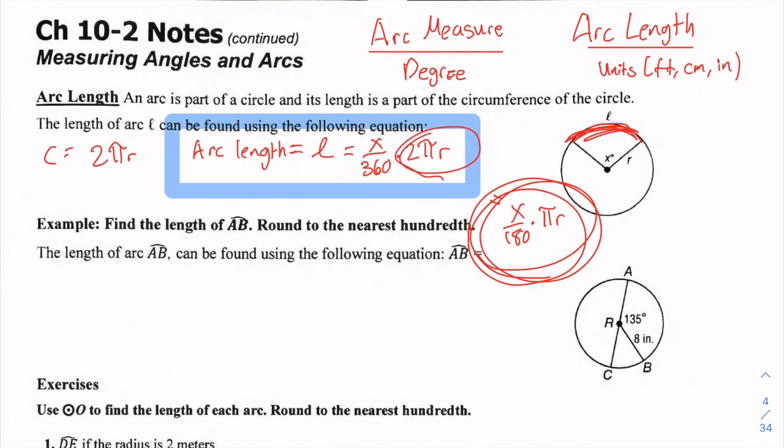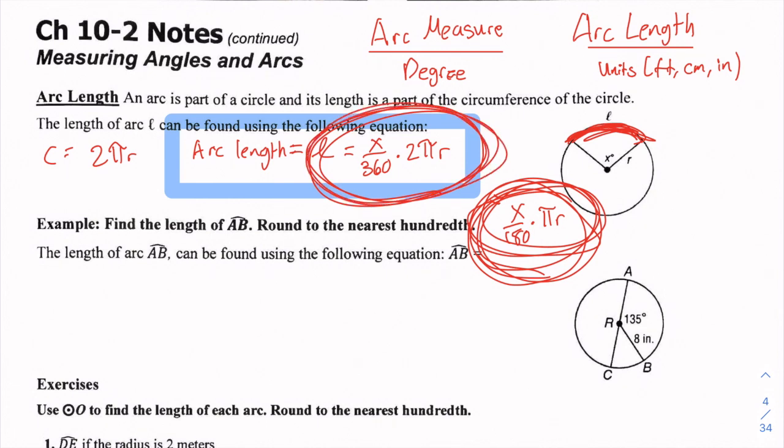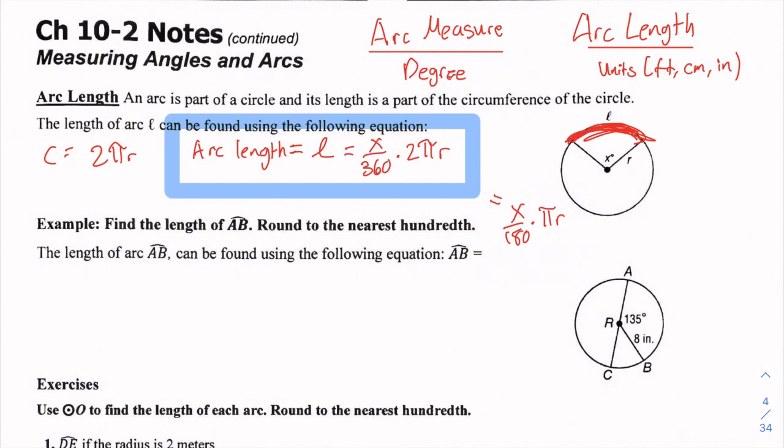You know the formula 2 pi r, and now for arc length you're just taking a piece of it. A piece of it is x over 360 of a circle. If you really want to, you can memorize the other, but I do this because it conceptually fits in my brain easier. Both are fine.